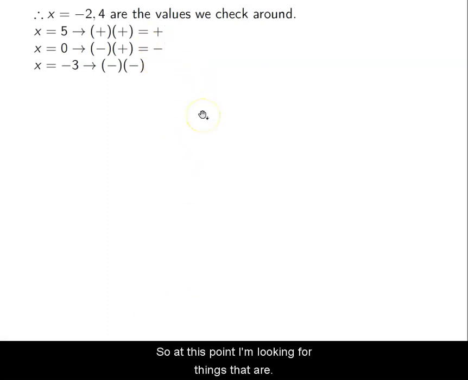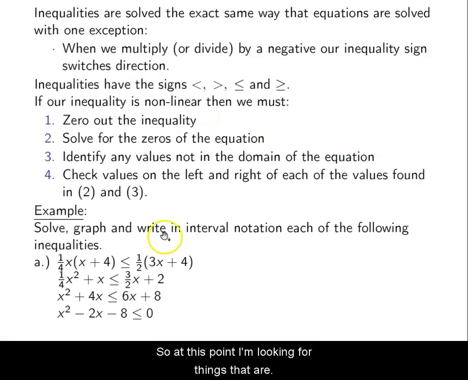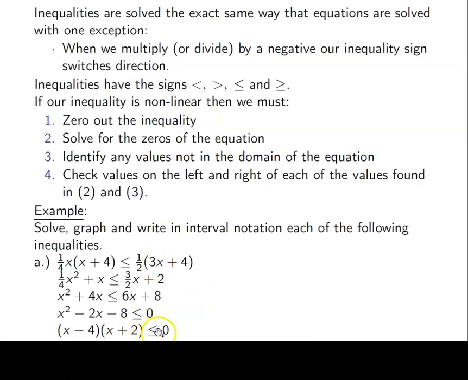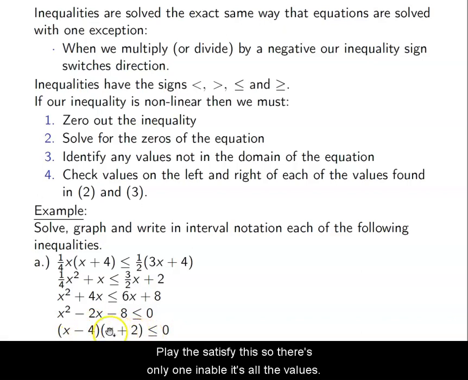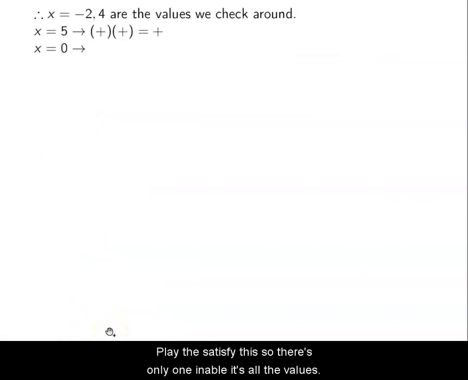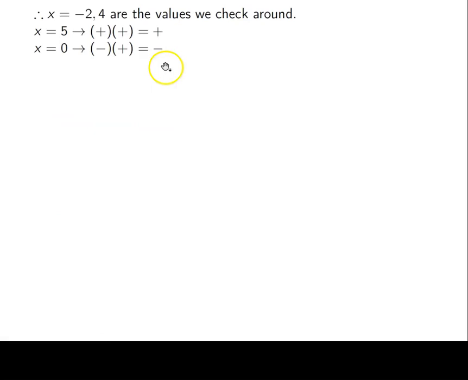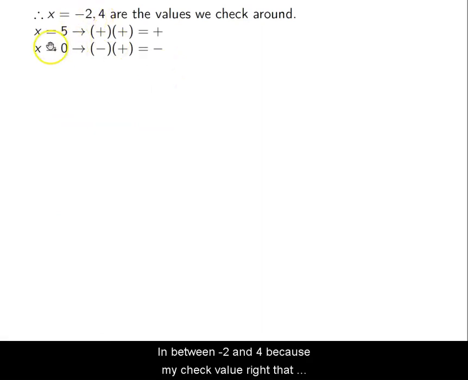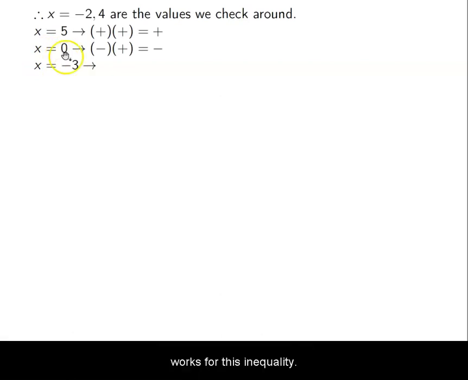So at this point, I'm looking for things that are less than 0, okay, that satisfy this. So there's only one interval. It's all the values that are in between -2 and 4, because my check value, right, that works for this inequality is the value that is in between -2 and 4, right?